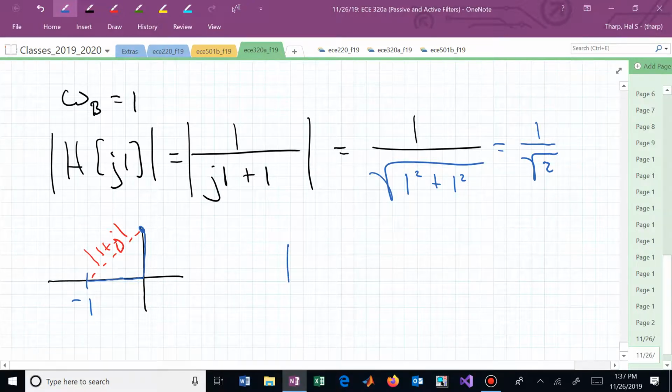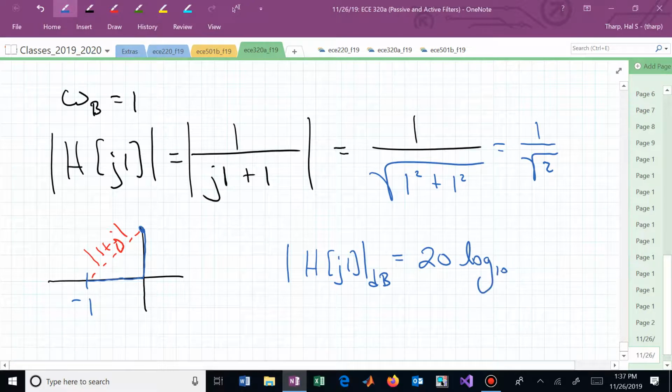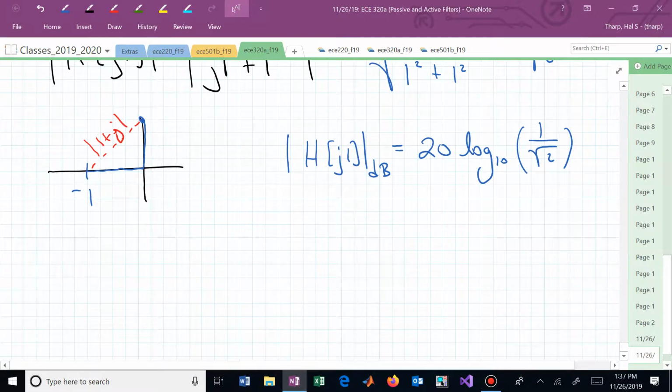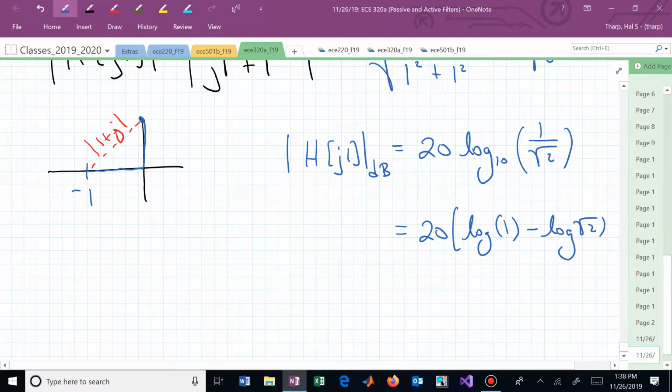And what is that magnitude in dB? That's now 20 log base 10 of 1 over the square root of 2. Everybody's looking for our chart for logs and dB, right? This is now 20 times log of 1 minus log square root of 2.